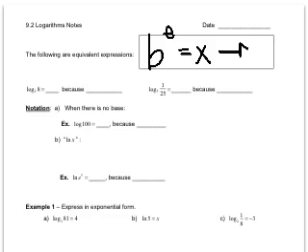That's going to be equivalent to the log base b. When I say base b, you should be writing a subscript. A subscript means it's a little bit lower and in smaller print. So log base b of x will equal e.